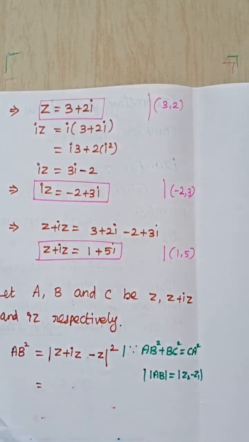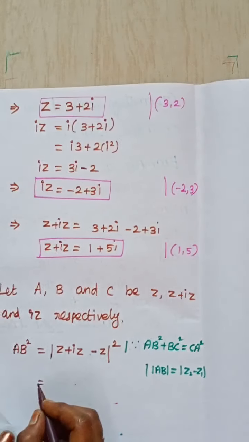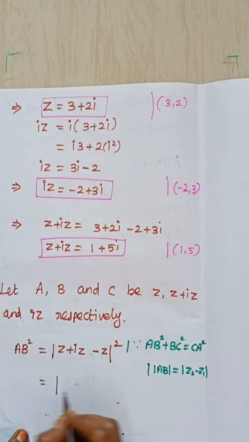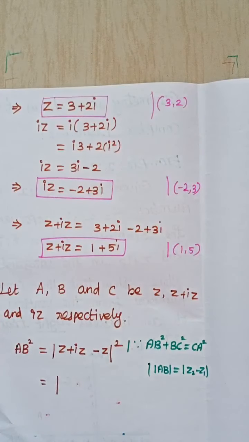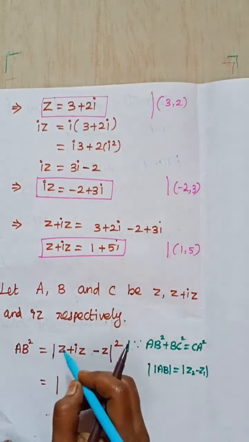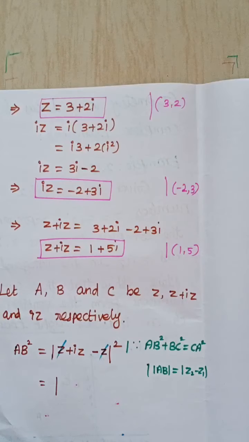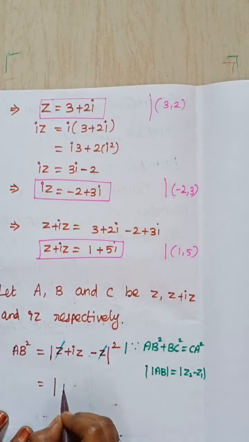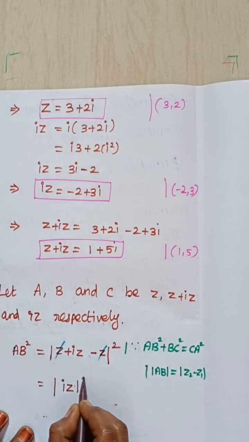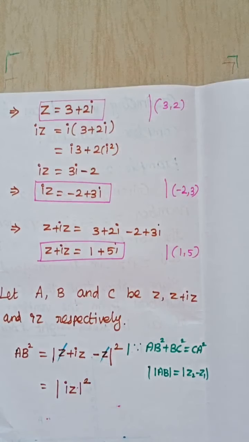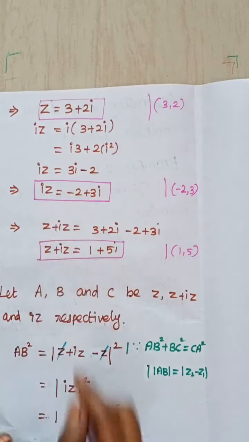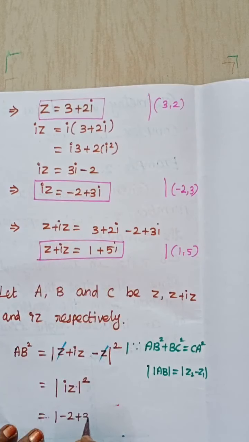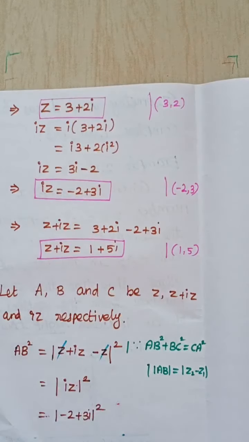Here z and minus z get cancelled. Finally, modulus of iz the whole square, which is equal to modulus of minus 2 plus 3i the whole square.